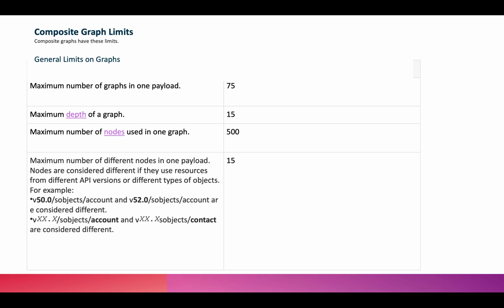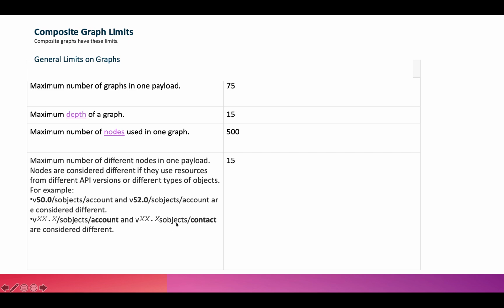For example, for the Salesforce object Account, version 50 and version 52 of Account will be considered different. Similarly, this holds true if we have altogether different Salesforce objects: one counting for Account, the other for Contact.